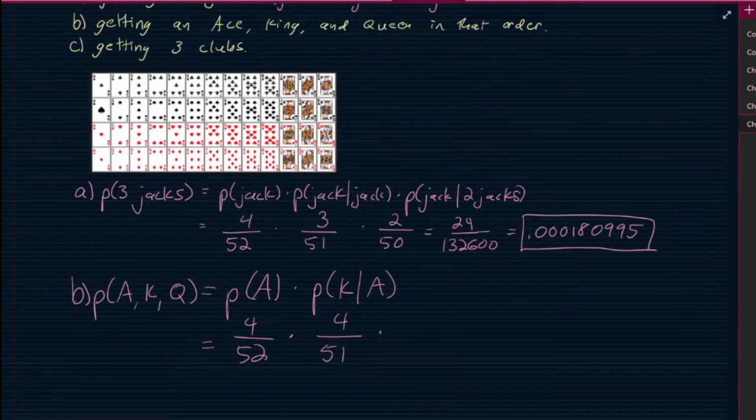And then the last one, we multiply it times the probability of getting a queen, given that we've already gotten an ace and a king. And there's 4 queens and 50 total cards after that happens. And then we just multiply this together to get our answer.